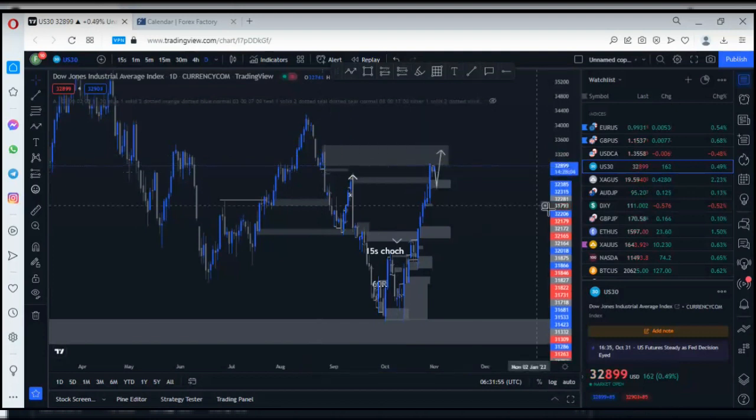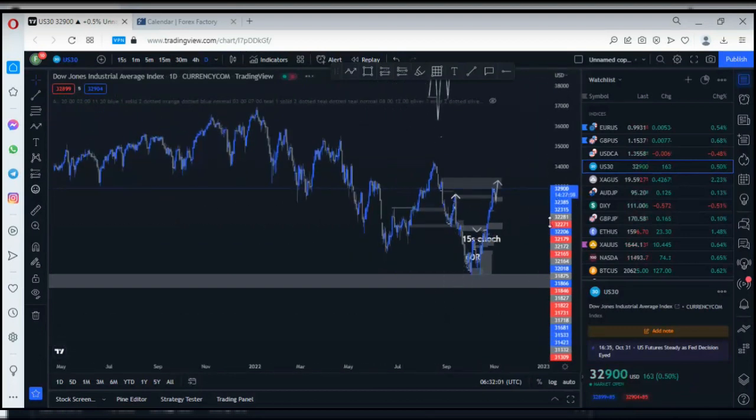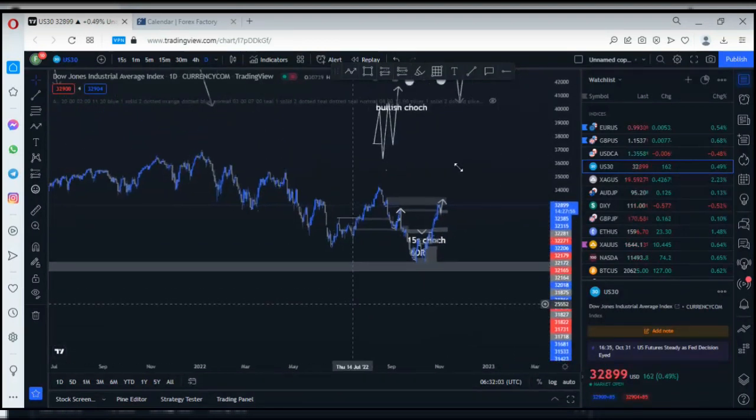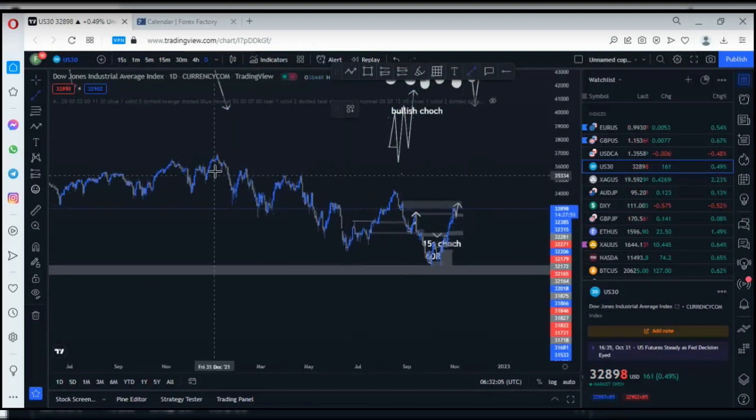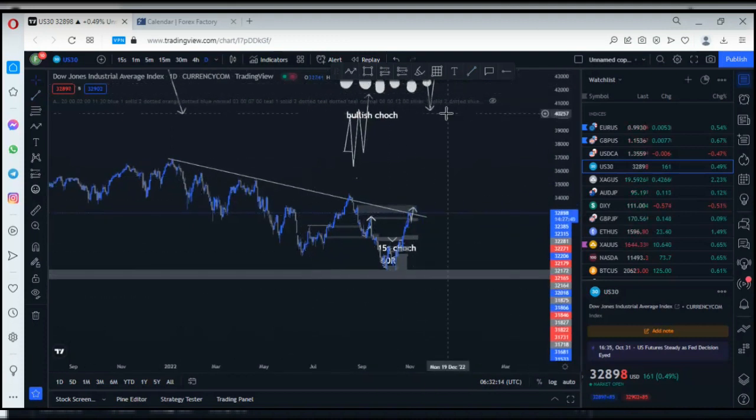US30 respects trend lines a lot, as you can see here. It has been respecting it, so it might again bounce back down. That's why I was saying NFP is going to push down to liquidate all these ones.